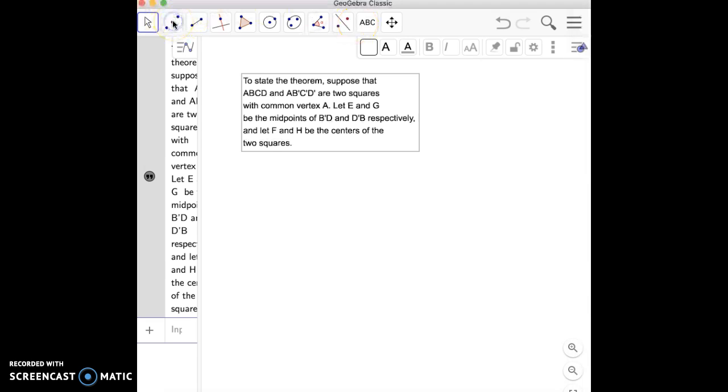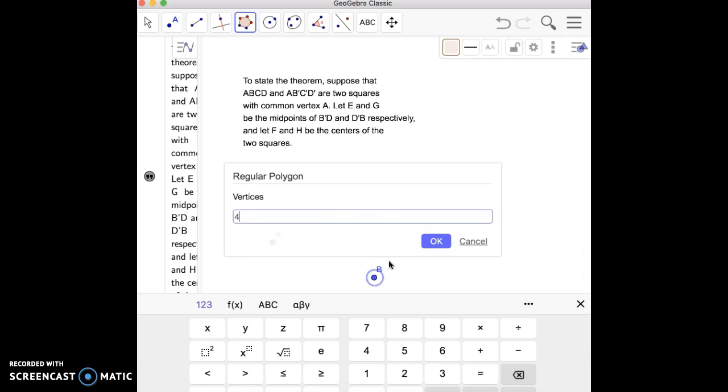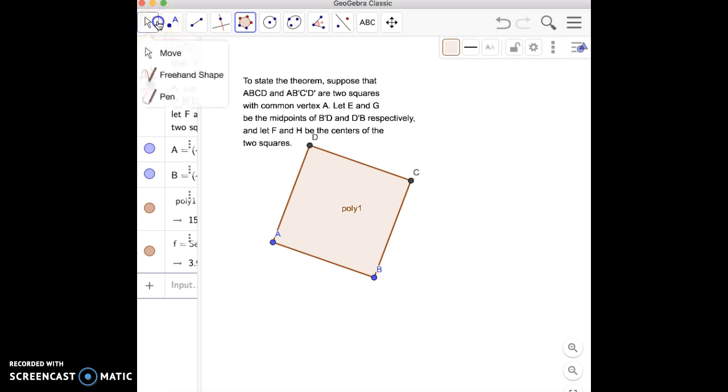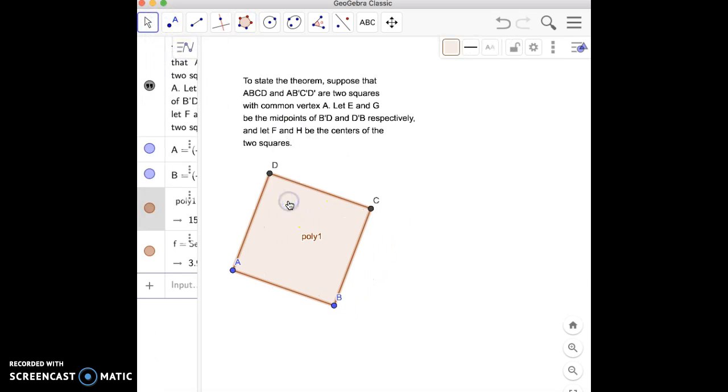So with GeoGebra, you can make a regular polygon by selecting that, and then if I want it to be a square, then I will make my 4 vertices. I'll just move this a little bit. And then, so that's my square ABCD.